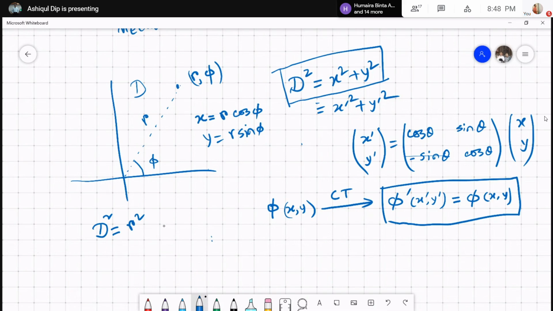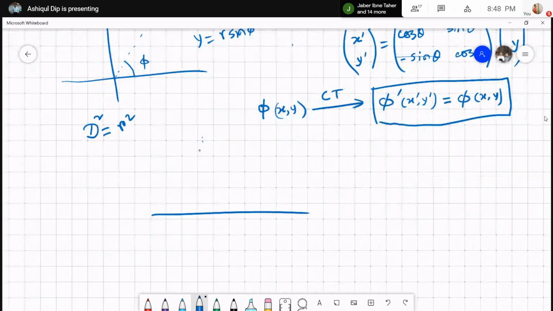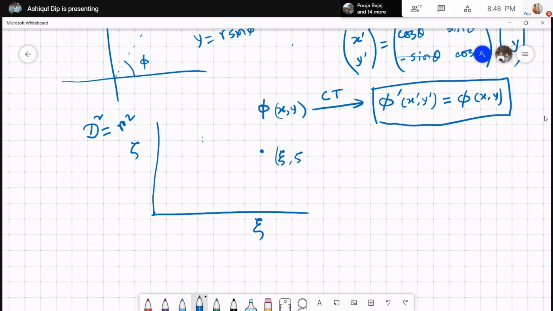So the point is, whatever coordinate they provide you, they provide you this coordinate system. Like this is xi and this is zeta coordinate system, and this point is represented as xi comma zeta. So tell me what the distance is.